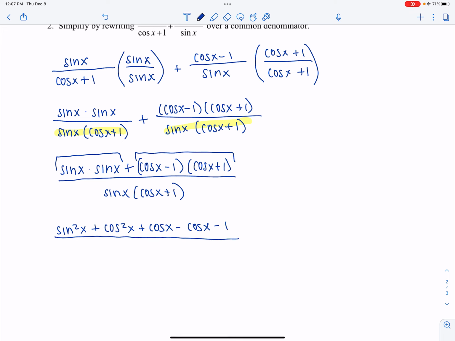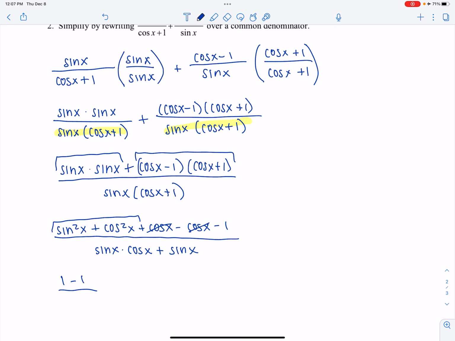over sine of x times cosine of x plus sine of x. So we've multiplied everybody out. Okay, some things that we're noticing. We have a sine squared plus cosine squared. That gives us 1. A positive cosine and a negative cosine, so those two cancel each other out, and minus 1.